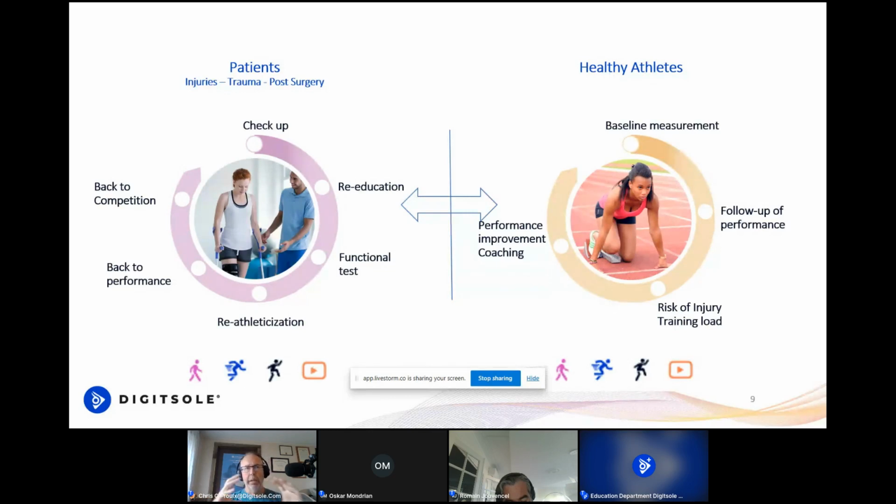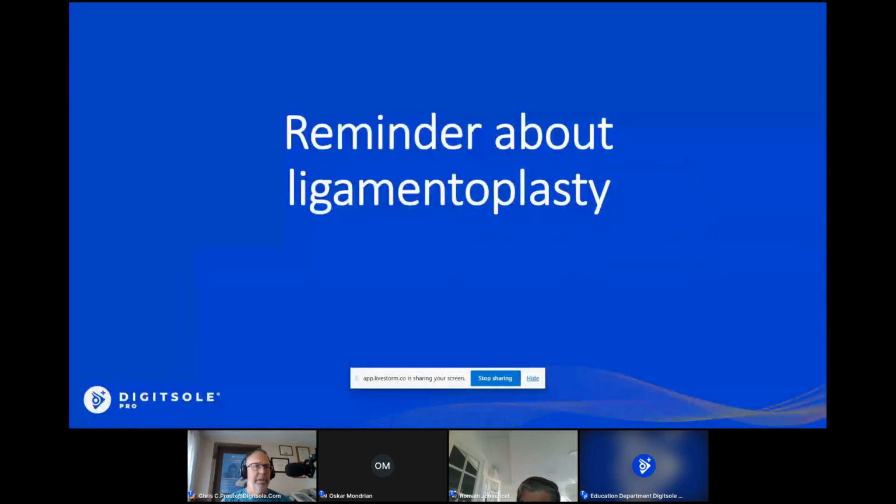So we're adding another dimension to the tools that we already have, as both baseline testing, as well as during the intervention to follow the evolution, as well as to look at the return to play or the return to physical activity after an injury rehabilitation process.